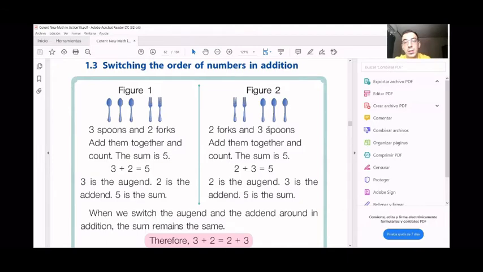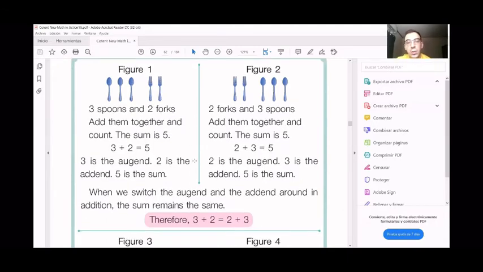They switch the order, but even if they switch the order, 3 spoons plus 2 forks equals 5 all together. And 2 forks plus 3 spoons, the result is the same, it doesn't change, it is 5.